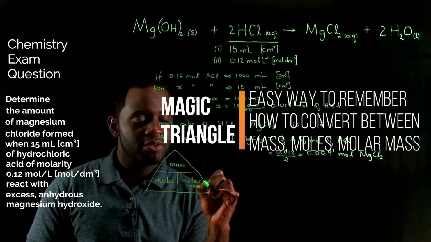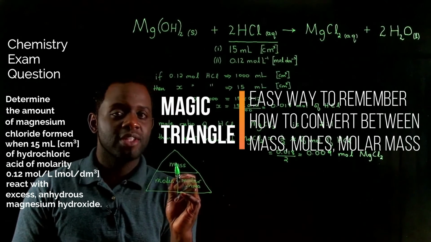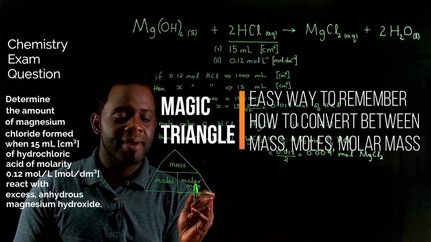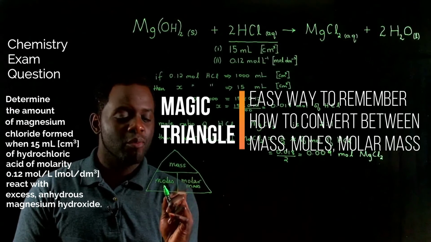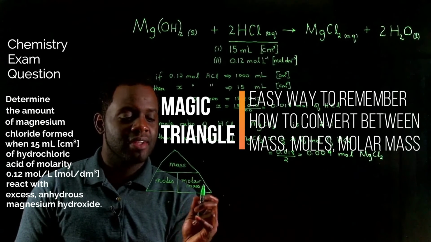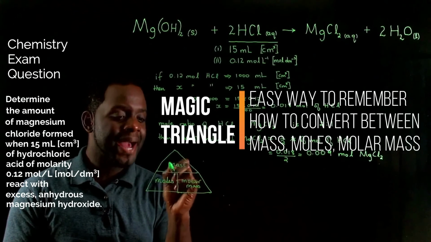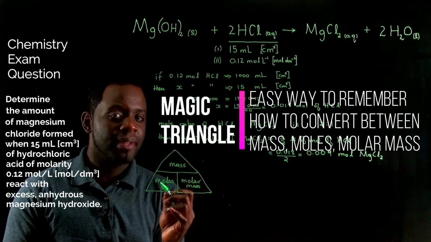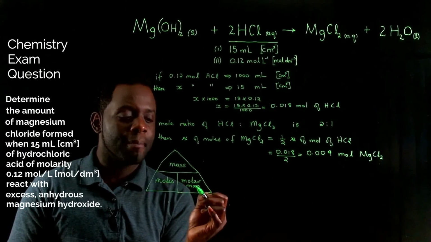Which is very useful in chemistry. So moles is equivalent to mass divided by molar mass, or mass is equivalent to moles times molar mass. Then, since we want the mass, we will multiply the moles times the molar mass.